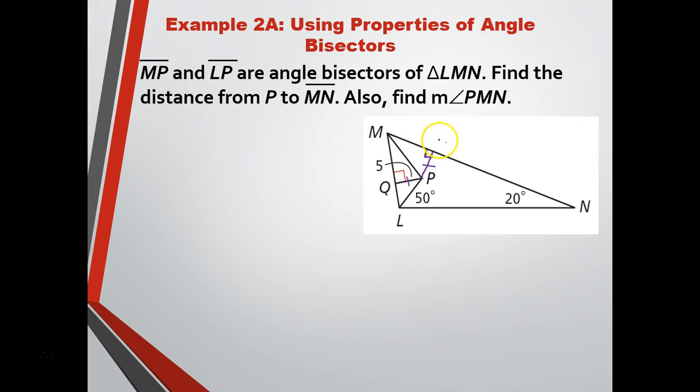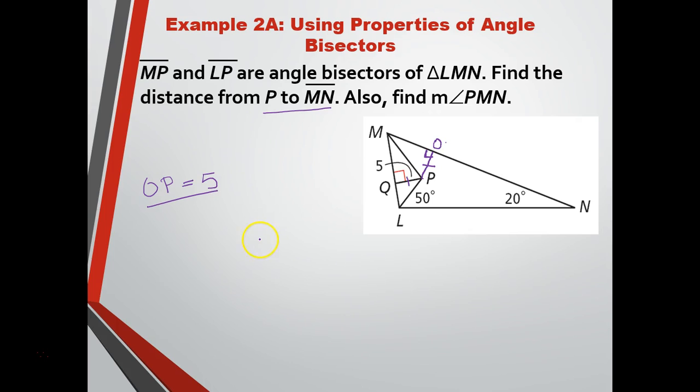And I'm going to give that a letter O. And I'm going to say that's the distance that we are looking for. OP is equal to 5. So that answers the question: find the distance from P to MN. The distance OP is equal to 5.